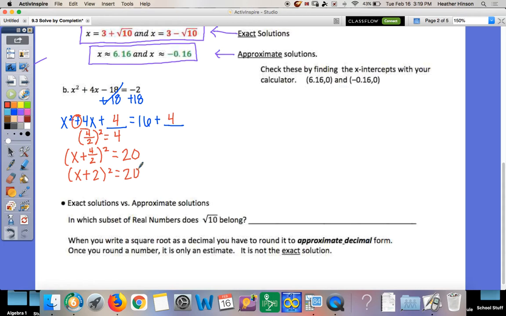And remember, we do not FOIL this. How do we get rid of the squared? We square root it. So your square root and square will go away. That'll leave you with x plus 2. What's the square root of 20?